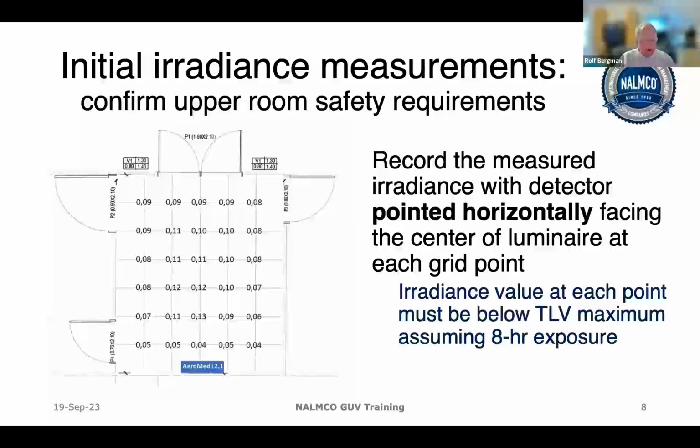And then at the grid points, roughly 1 meter, you find values written: 0.05 at the bottom right corner, 0.09 at the bottom left, top left, and so forth. So you will make measurements and record these values. Here, the units are not shown, but they are likely microwatts per centimeter squared.